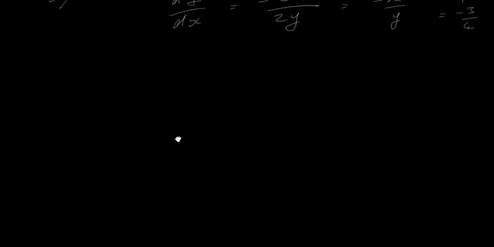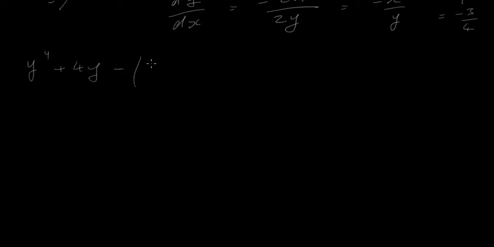So let's have a look at a few other examples. Let's have a look at a more complicated example. Let's say y to the power of 4 plus 4y minus 3x cubed sine y, all of that equal to 2x plus 1.